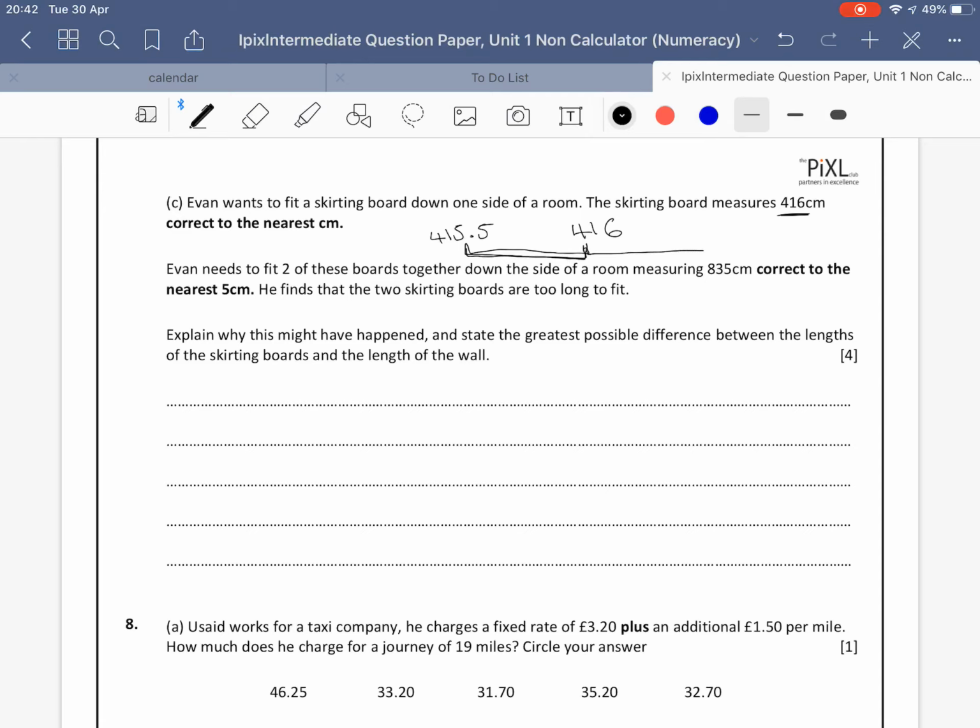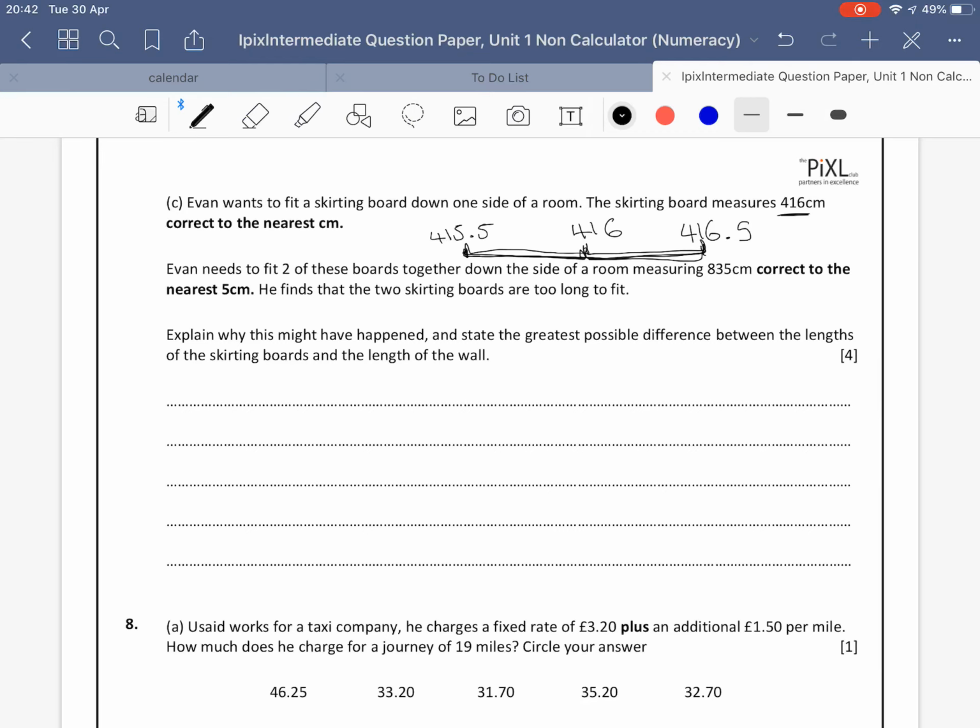And then the bigger length, the biggest number that would round down to 416. I know a lot of you might go to 416.4, but it's actually 416.49999999 recurring. So we actually put 5 again for that one, because we just round it. Okay, so that's the upper bound. This is our lower bound. So the skirting board can measure any distance between here.